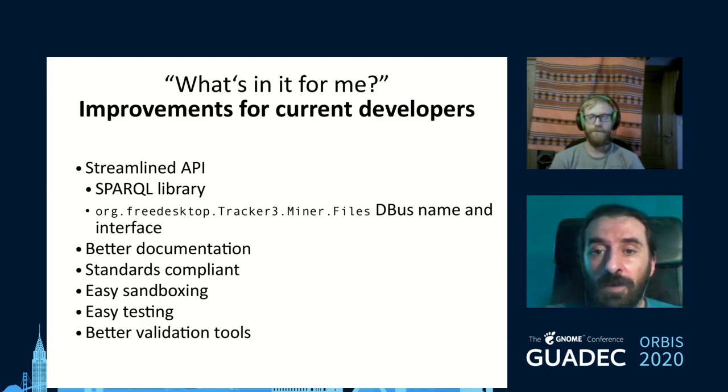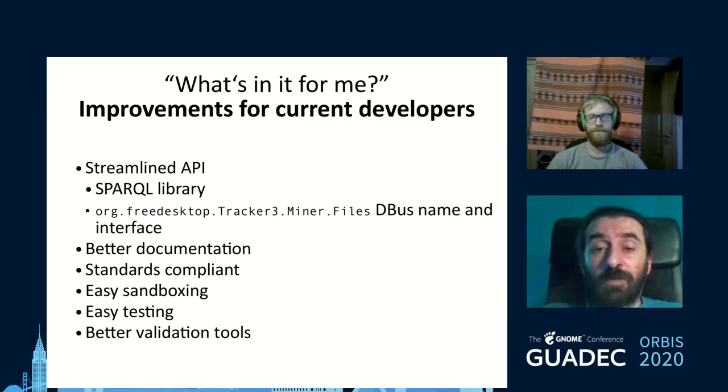And for Tracker miners, the most prominent daemon is the file system miner, and that will be your freedesktop Tracker 3 miner files. Give it name and interface, and that would be the API to talk to it, to set priorities or to ask to index things and whatnot. But that's not Tracker's core task anymore.